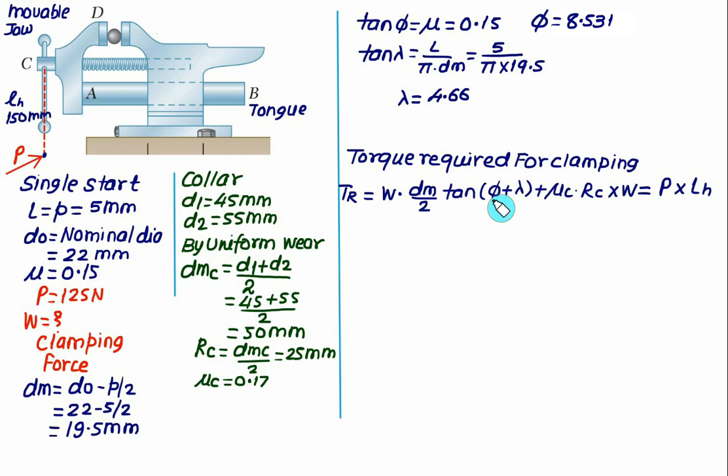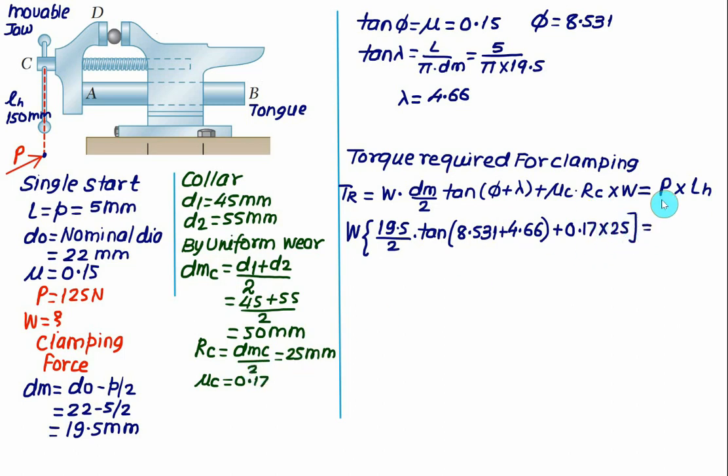W here stands for the clamping force. Mean diameter is known, phi is known, lambda is known, mu c is known, rc is known. From these two terms, W can be taken common. So we have W times dm / 2, where dm is 19.5, so 19.5 / 2, times tan of (phi plus lambda), where phi is equal to 8.531 plus lambda is 4.66, plus mu c, the coefficient of friction for collar, which is 0.17, times rc, already known to us, equal to 25.